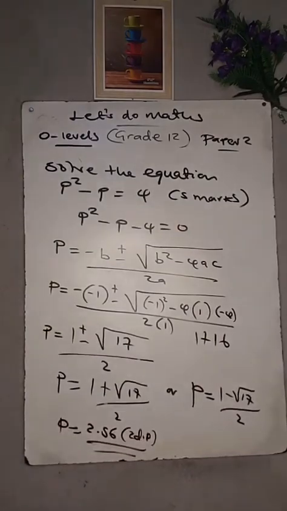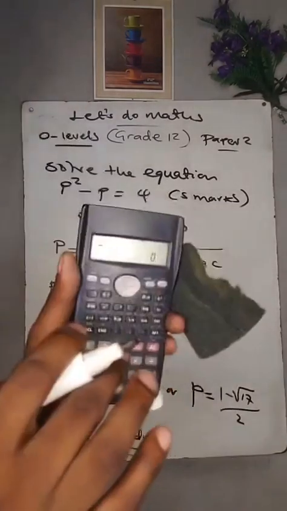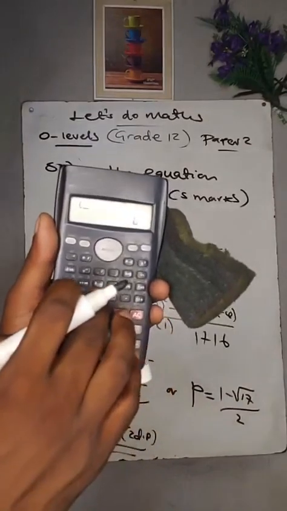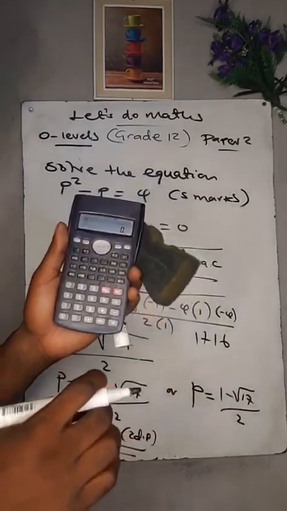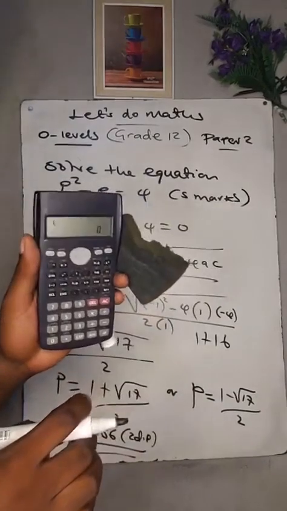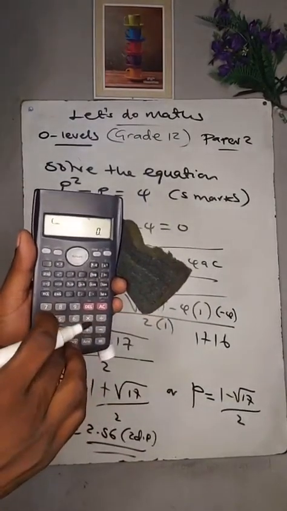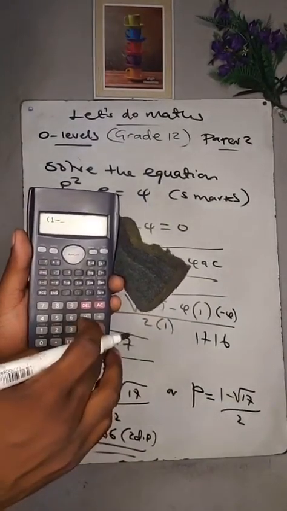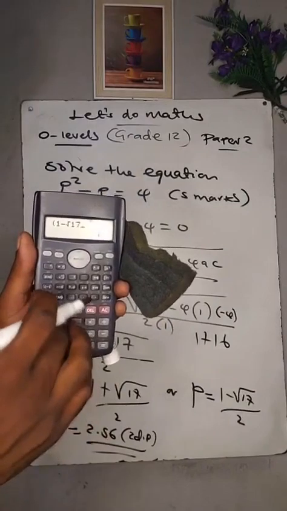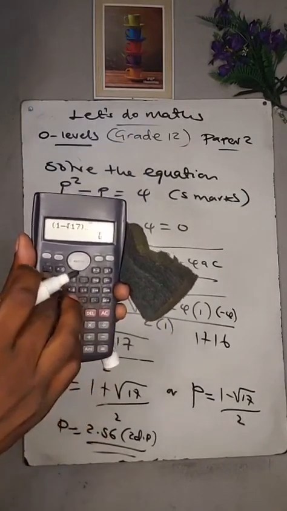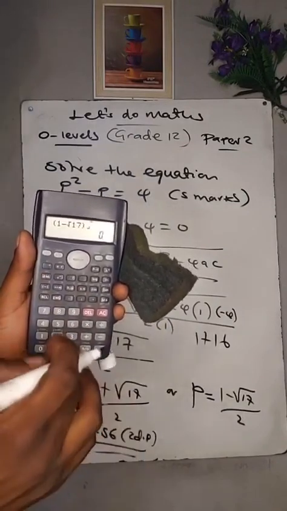So this is the first value. Then we find the second value. For the second value, we do the same thing that we did. We say open bracket. Those with calculators, you can also do it on your own. So open bracket, 1 minus root 17, close bracket, over 2.